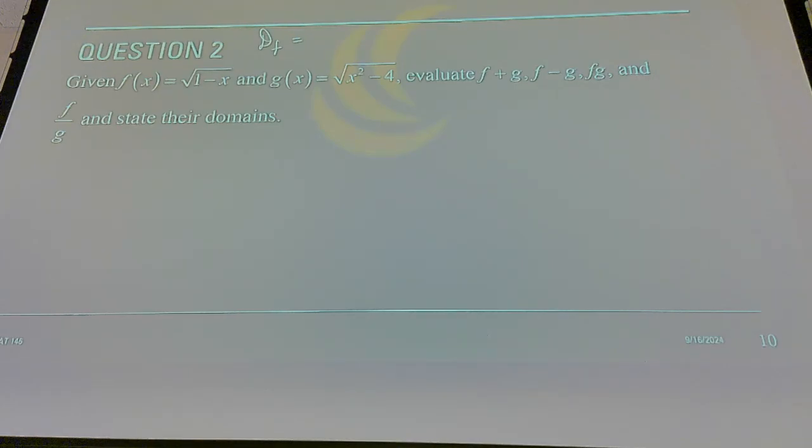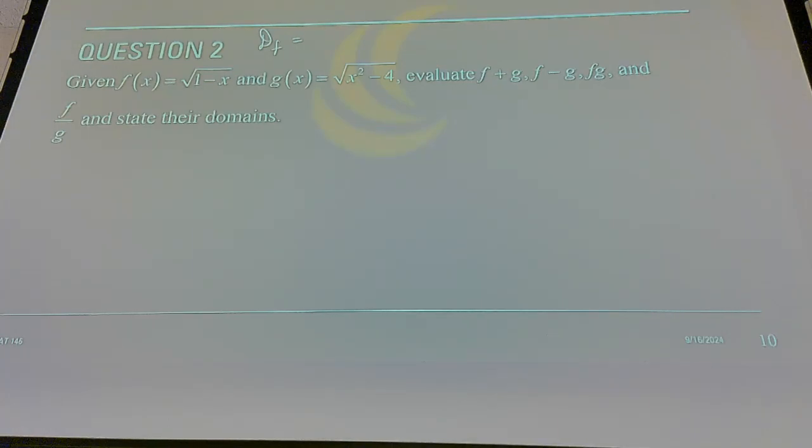Let's actually start by finding the domains first, before I forget. So the domain of root 1 minus x. One to infinity.